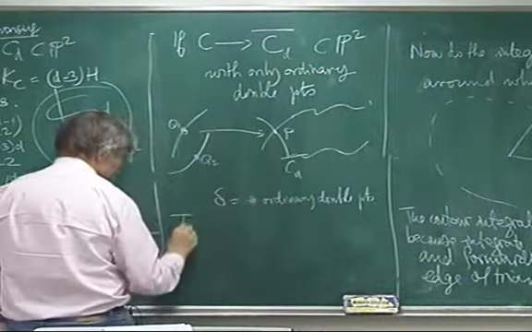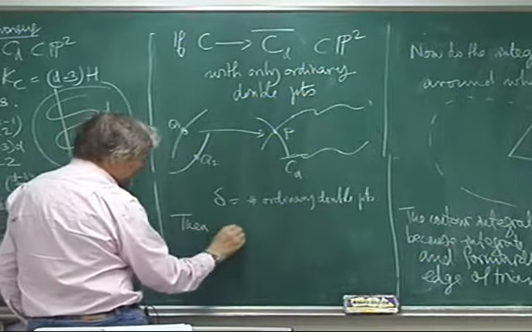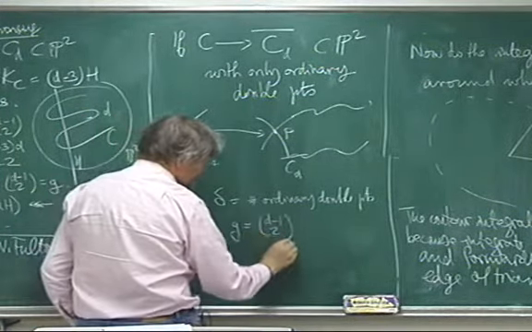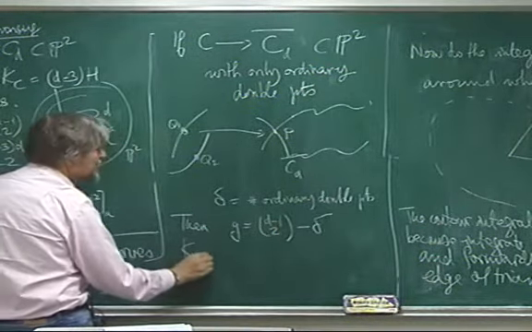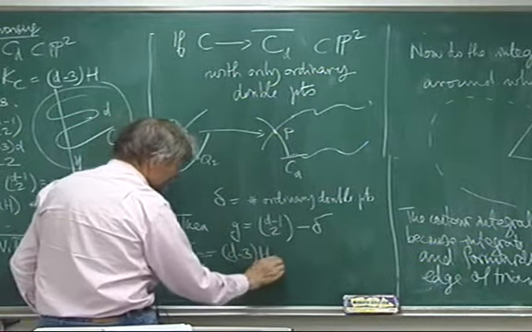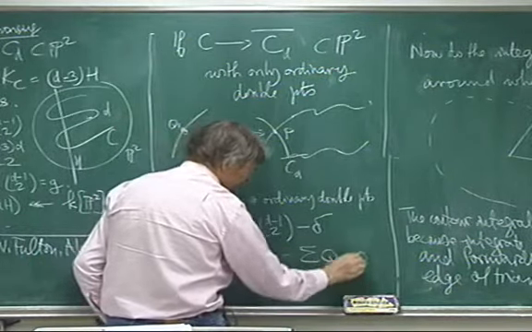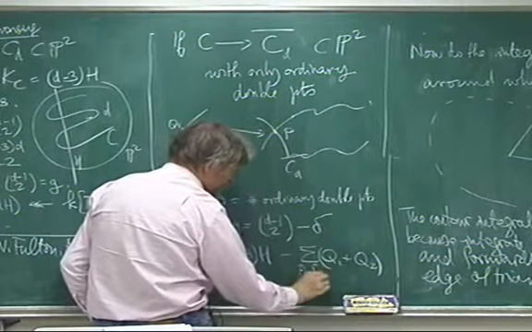Then what we're going to do is say the genus is D minus 1 choose 2 minus delta, and the Kc is D minus 3 times H minus the sum of Q1 plus Q2, taken over all the double points.